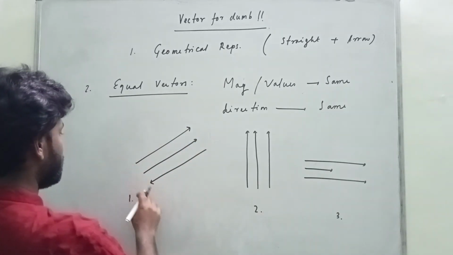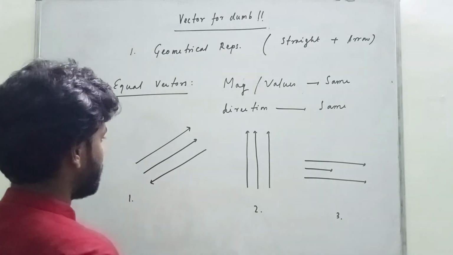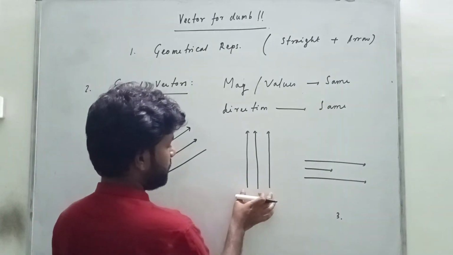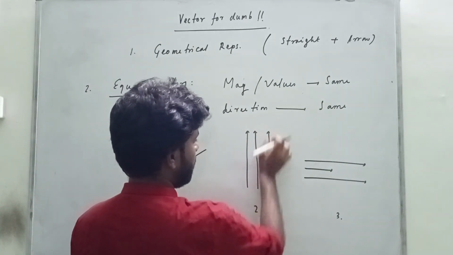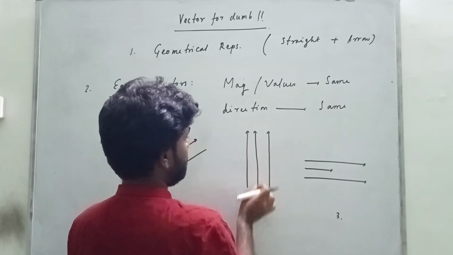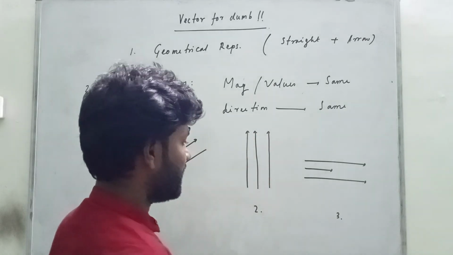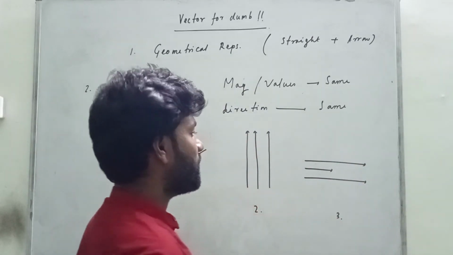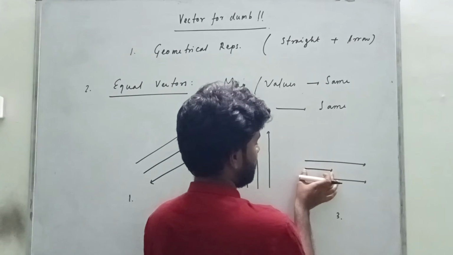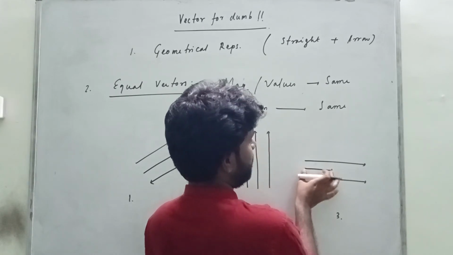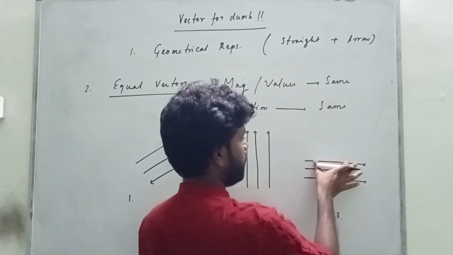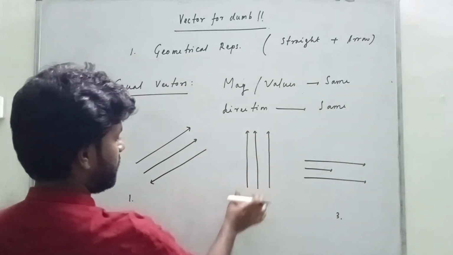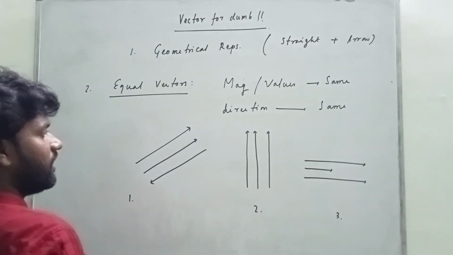So this set of vectors never suggests equal vectors, right? In number 2, all three vectors have the same length and the same directions. In number 3, all the vectors have the same directions, but the magnitude of these vectors is somewhat smaller than these two. So actually this set of vectors are equal vectors.